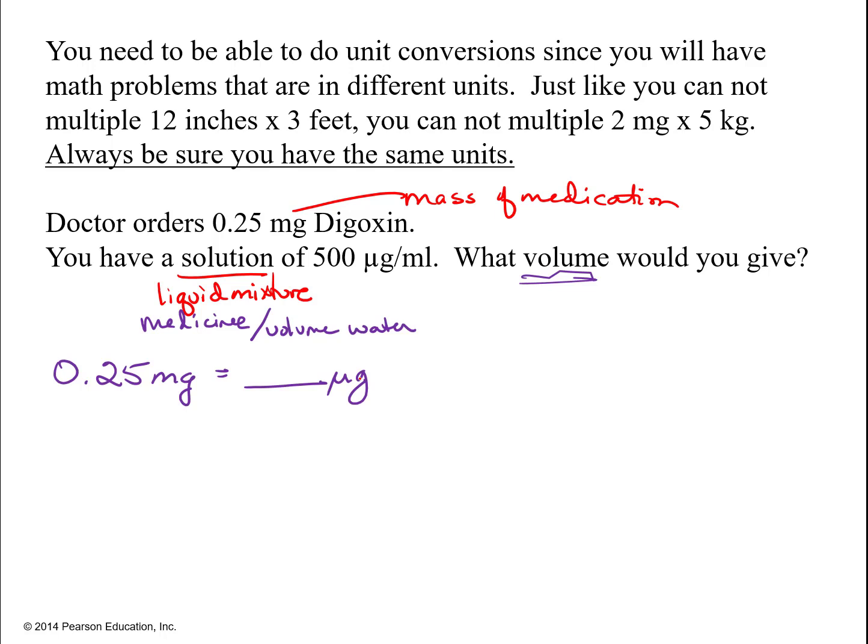So what are you going to go to first? Grams, right? Remember, if the given unit and desired unit both have prefixes, just go to the base unit in between. That way, you only have to remember what those prefixes mean relative to the base unit.